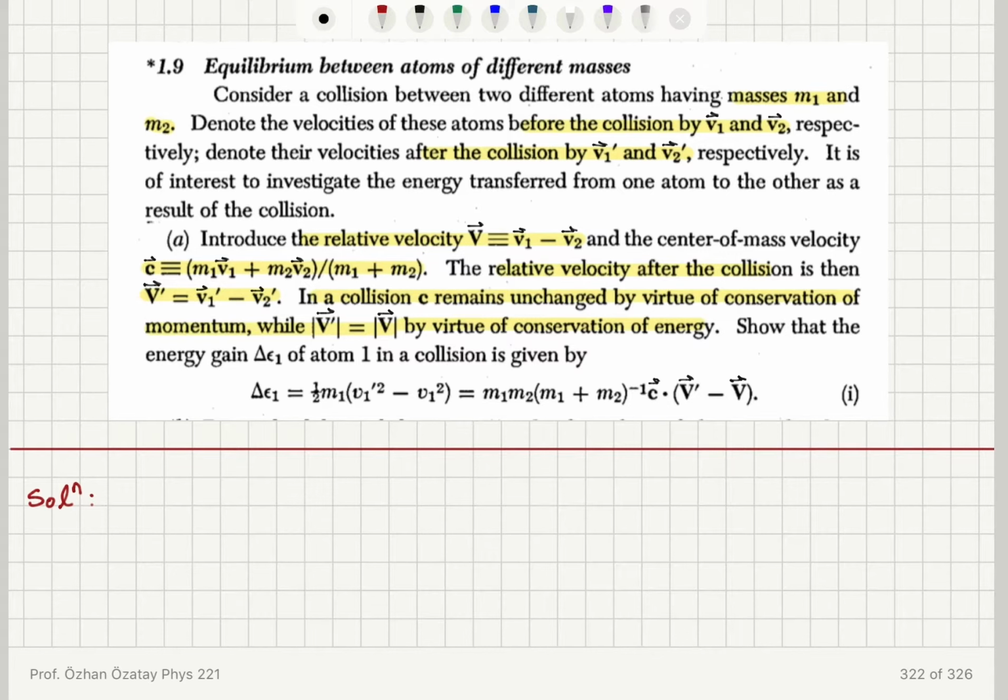So basically the problem is asking us to transform from v1 prime and v1 to C, V prime and V for relative velocities. Okay. So the first thing I would like to do is to verify some of the statements about the physics of the problem.